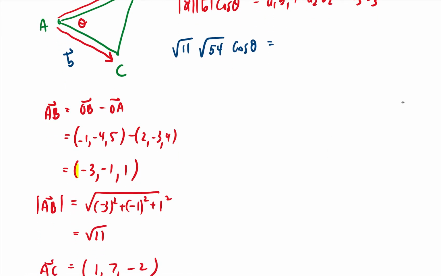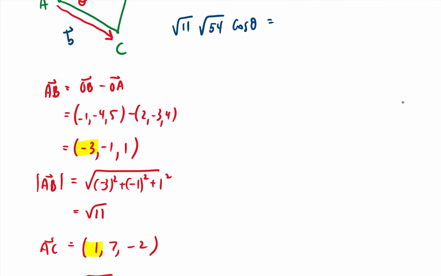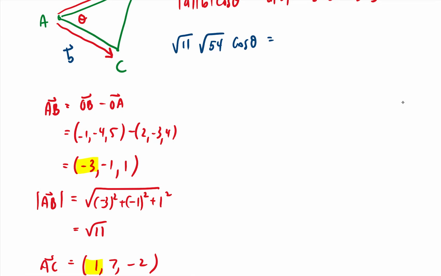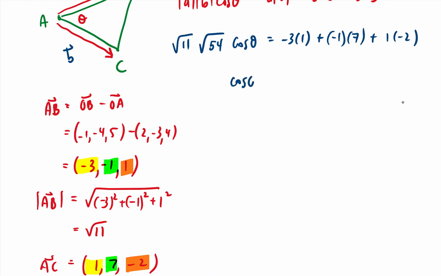So we're going to multiply this x by this x, so -3 times 1. Then plus this y by this y, so -1 times 7. And then plus 1 times -2. So now we have cosine theta is equal to -12 over the square root of 11 times the square root of 54.